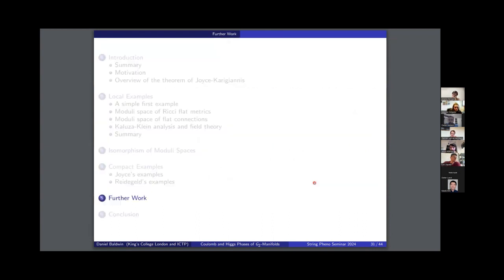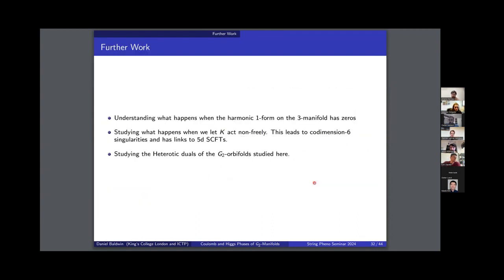So there are some different avenues one can take from this work. You can try to understand what happens when the harmonic one-form on the 3-manifold has zeros. For the construction of Joyce and Karigiannis, it was crucial that this one-form was nowhere vanishing, but you could try to think about what it means when this has zeros. You could also study what happens when you let K act non-freely.